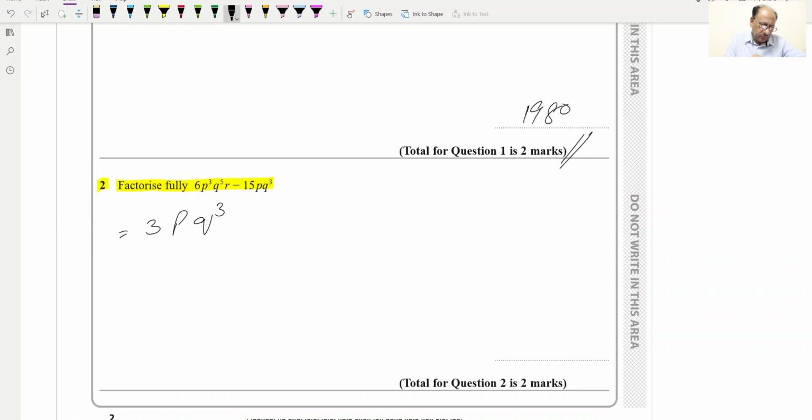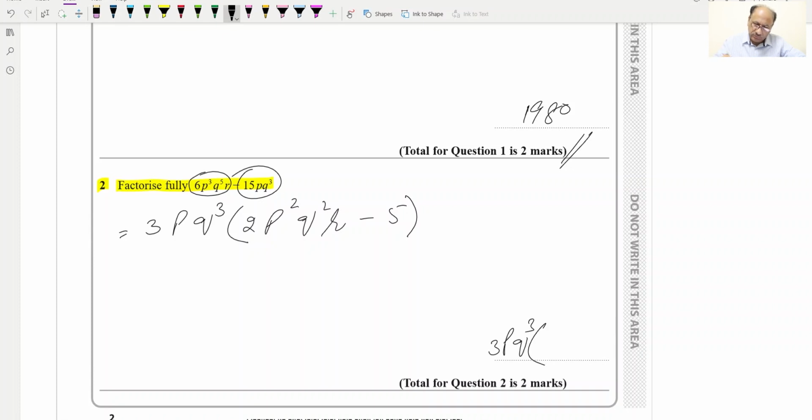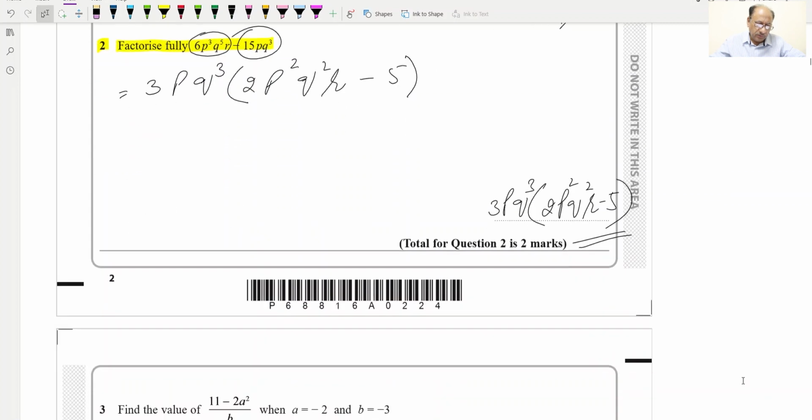R is not common, so inside the remaining part will be 2, p squared, q squared and r, and minus, from this term 3 fives are 15, so 5 will be the only remaining part. So this is our final answer: 3pq cubed times (2p squared q squared r minus 5). This is done. Hopefully you understood this.